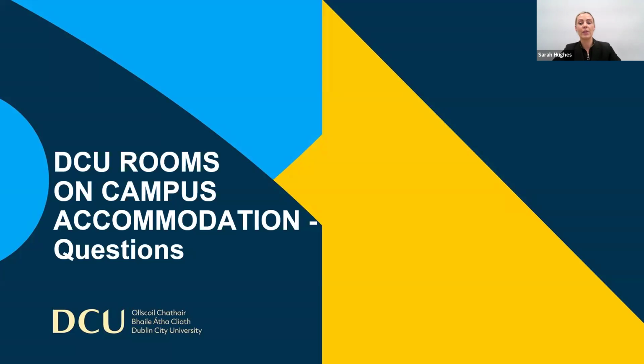So you will know then that you're sharing with 2 other students. But there are very detailed descriptions of rooms when you are making your application. And as I said, internet and laundry facilities are available. Internet is included in your utilities, and the laundry services are available on each campus.